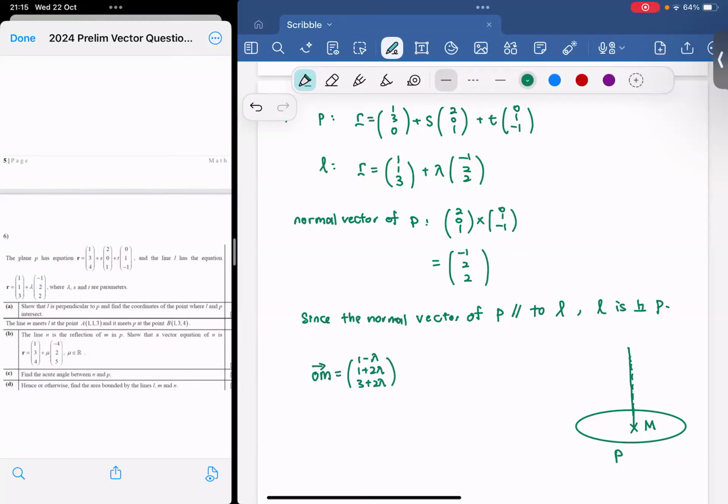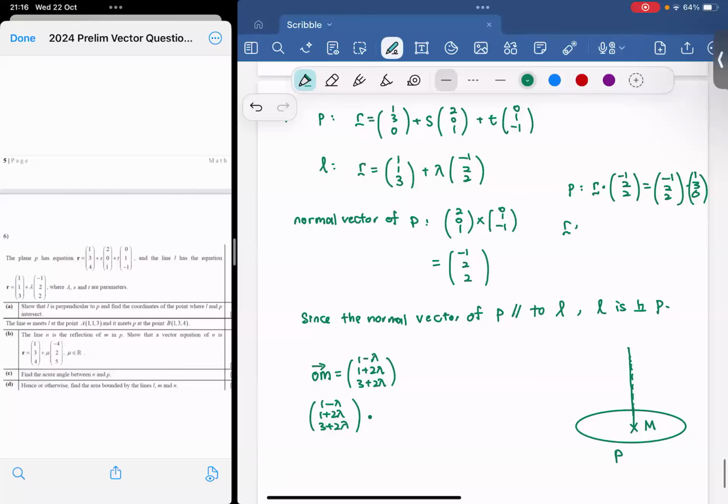Since M is also on the plane, if I put it into the plane equation... I don't have the plane equation, so let's get the plane equation first. In scalar product form, it is the normal vector dot a point on the plane, (1, 3, 0).